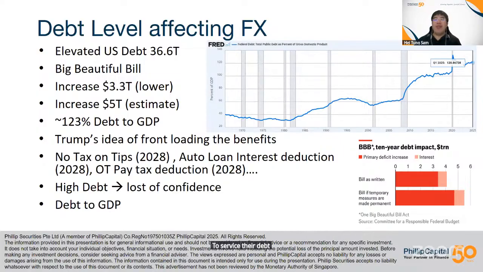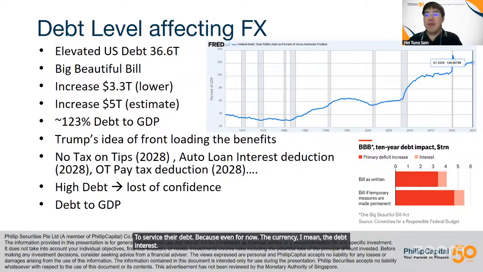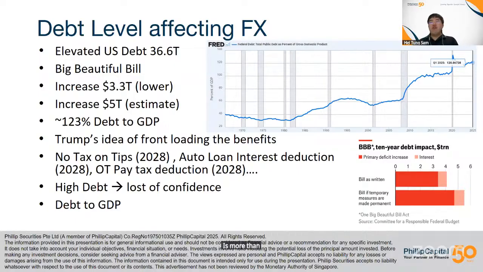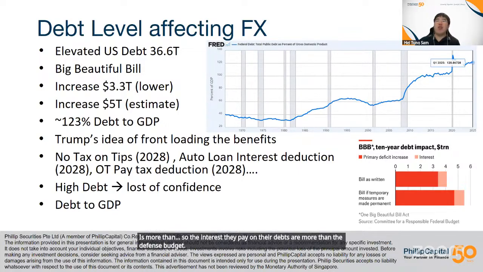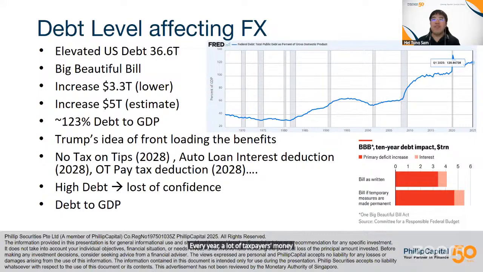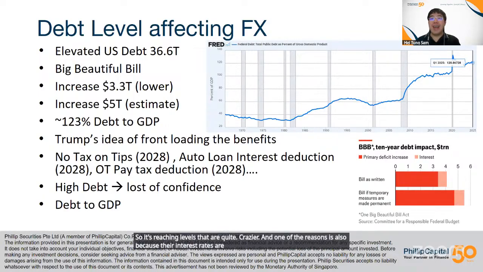Even now, the interest they pay on the debt is more than the defense budget and other budgets combined. A lot of taxpayers' money is going into servicing their debt. So it's reaching levels that are quite crazy, lah. And one of the reasons is also that their interest rates are relatively high compared to other countries.